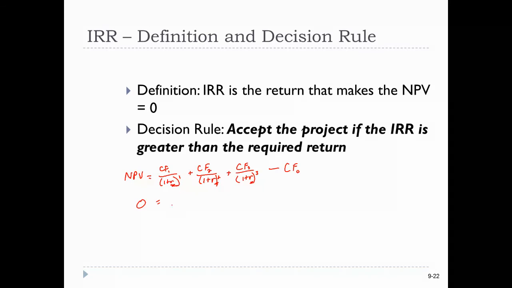Plug in a value for R such that the present values of all of the cash flows added together are exactly equal to the cost of the investment, the time zero cash flow. Basically finding the rate of return that equates the present value of the benefits to the actual cost of the project.